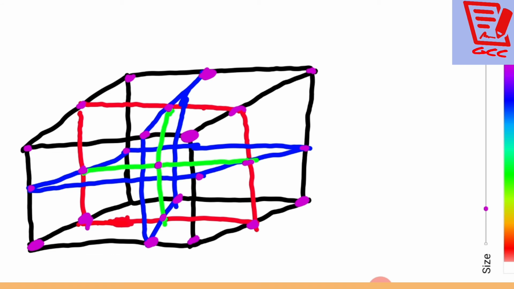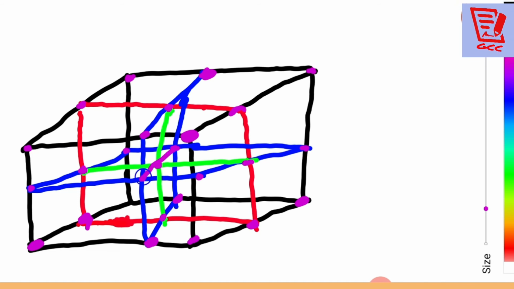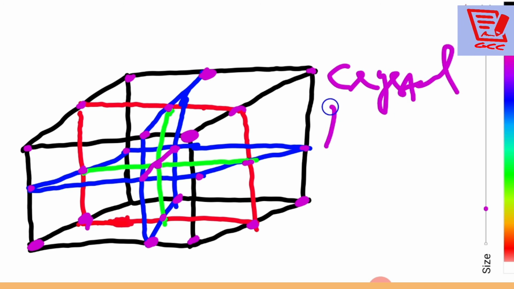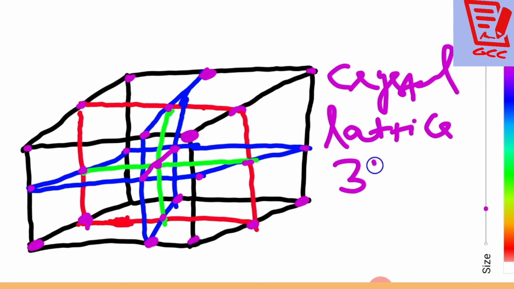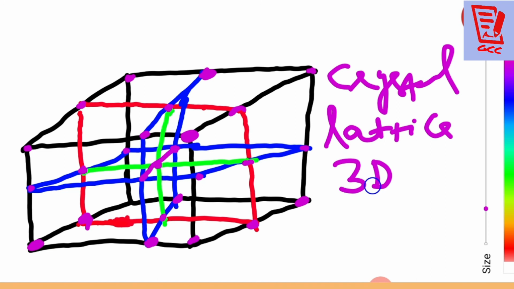And see all of you, at the center you can draw one line like this. Okay, beta, what has been made in your notebook? You can see this is called the crystal lattice in 3D. And what definition did I tell you?